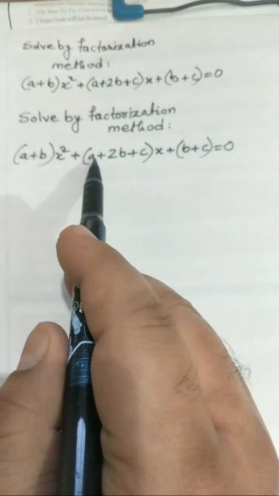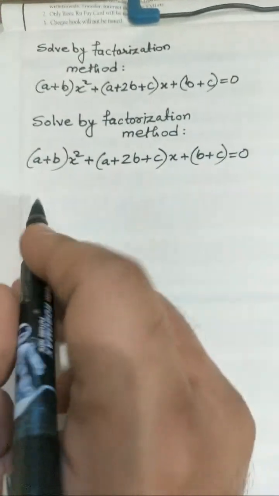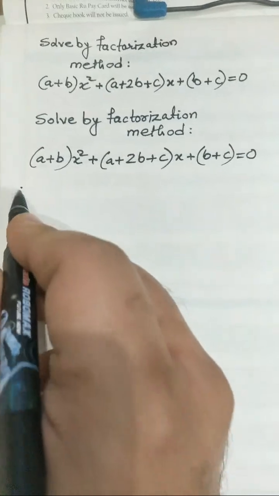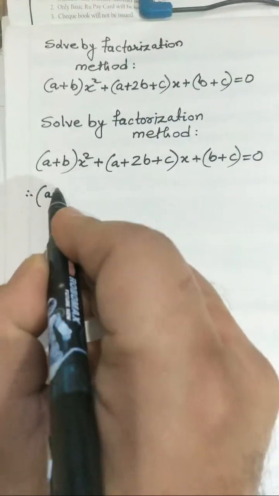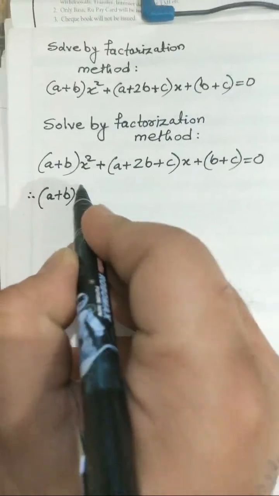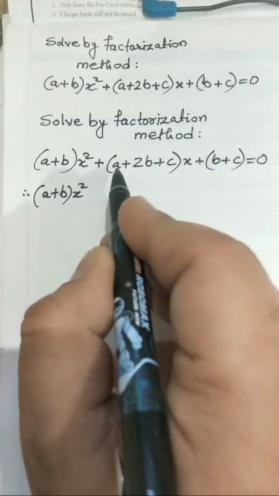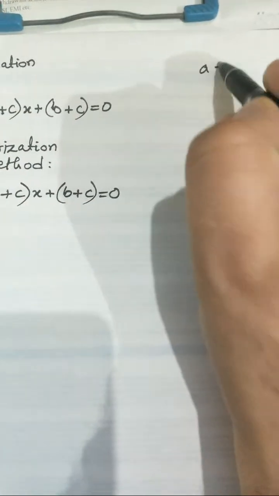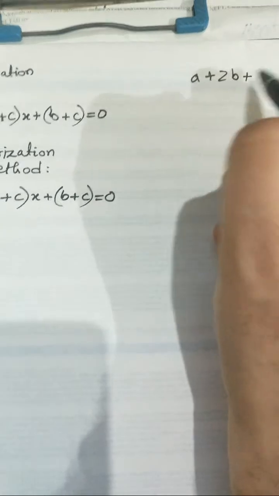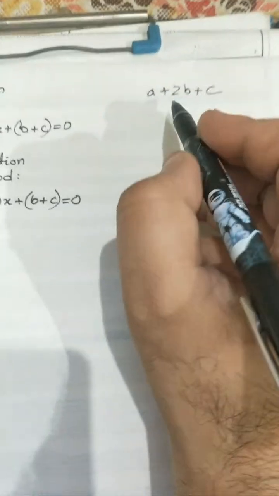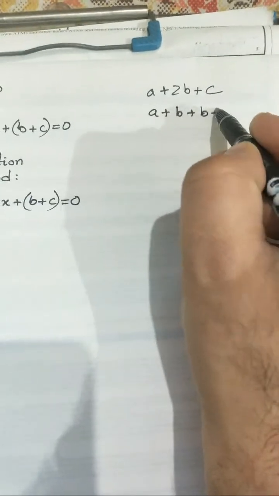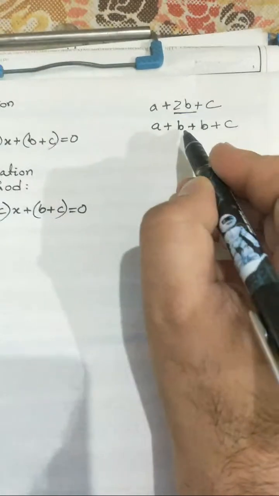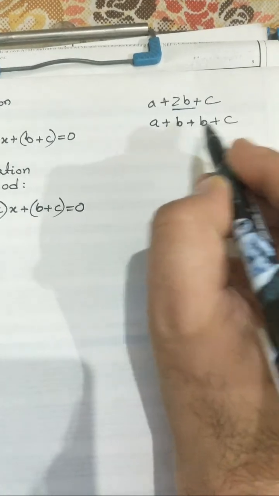So here we have a plus 2b plus c. We go with the first term as it is. The second term is a plus 2b plus c, let us understand here. We can break it like this: a plus b plus b plus c, because 2b can be broken into b plus b.